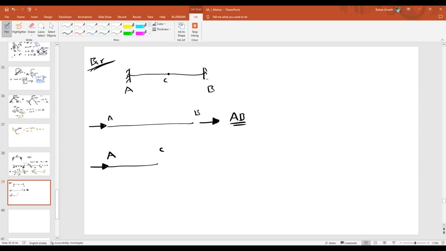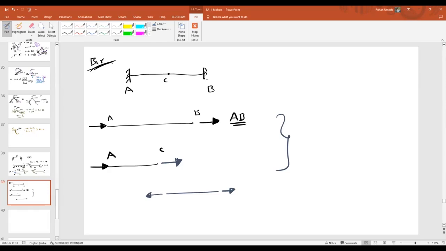This is a bar problem, which means it will resist only axial forces. So even if you cut at any point, you can see only the axial internal force. Even at point C, you can only see one reaction, because as it is a bar problem, it resists only axial forces. Similarly, look at CB. We know that at C one reaction will exist and at B one reaction will exist. Is it okay?